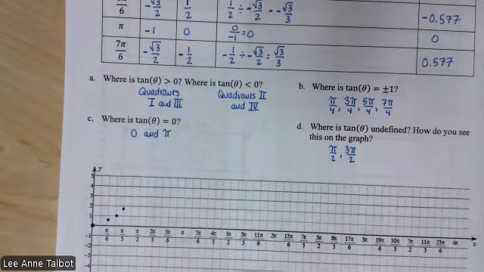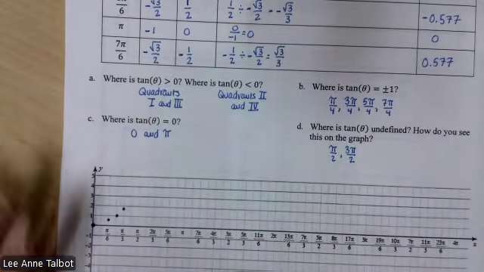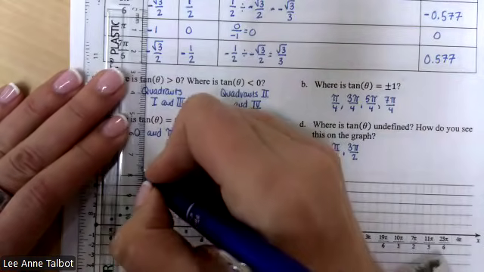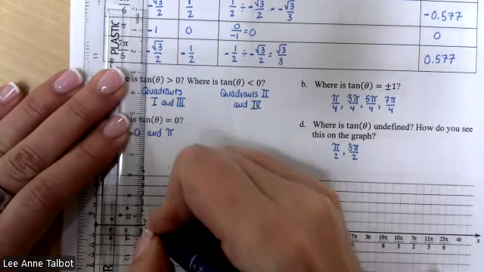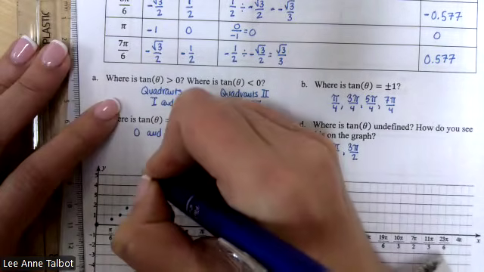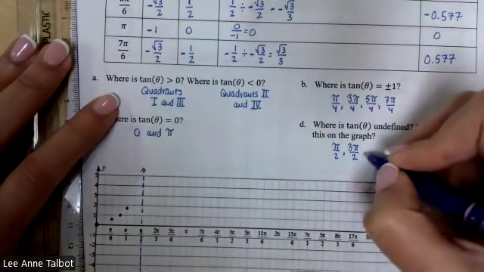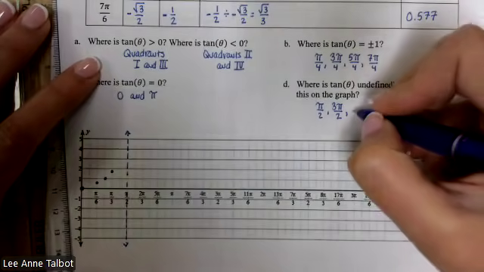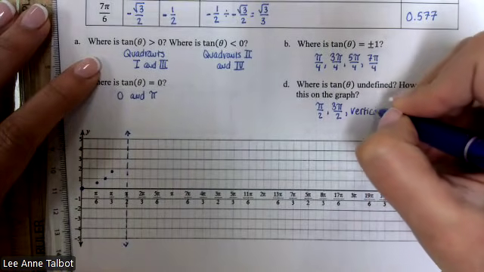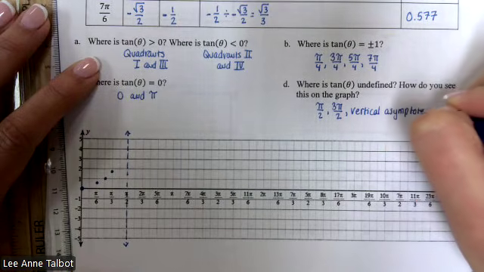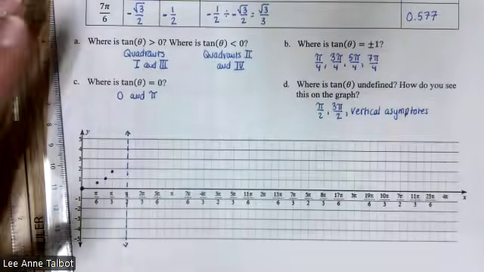What I want you guys to do on the undefined spots is draw a vertical asymptote with a dashed line. And then come back to this spot and answer this by saying, how do you see this on the graph? Vertical asymptotes.